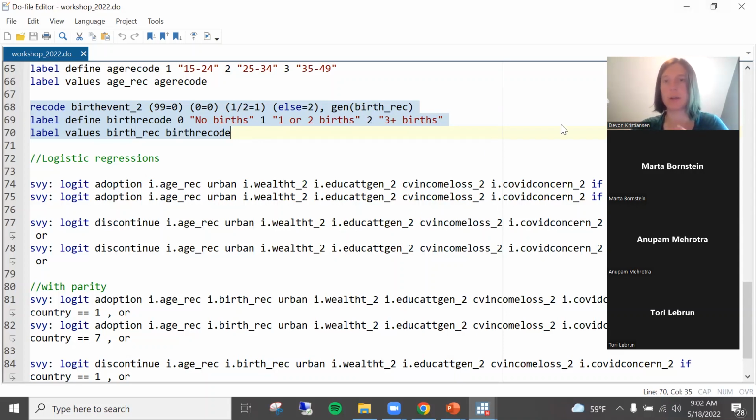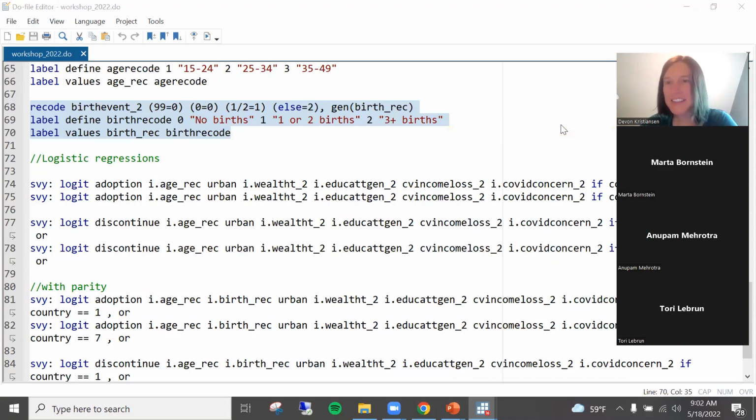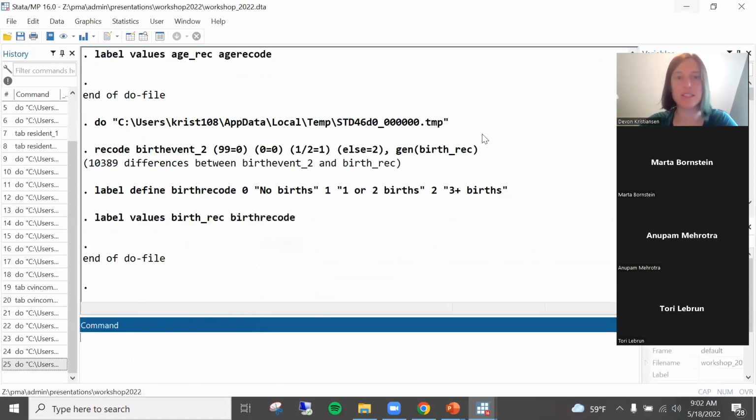I've got a lot of things going on my screen, so I need to copy this and paste it into Stata. Hopefully it's a little more visible. And I'm restricting to Burkina Faso for this one. So we're estimating the probability that a woman who was a non-user in the first phase adopted in the second phase.